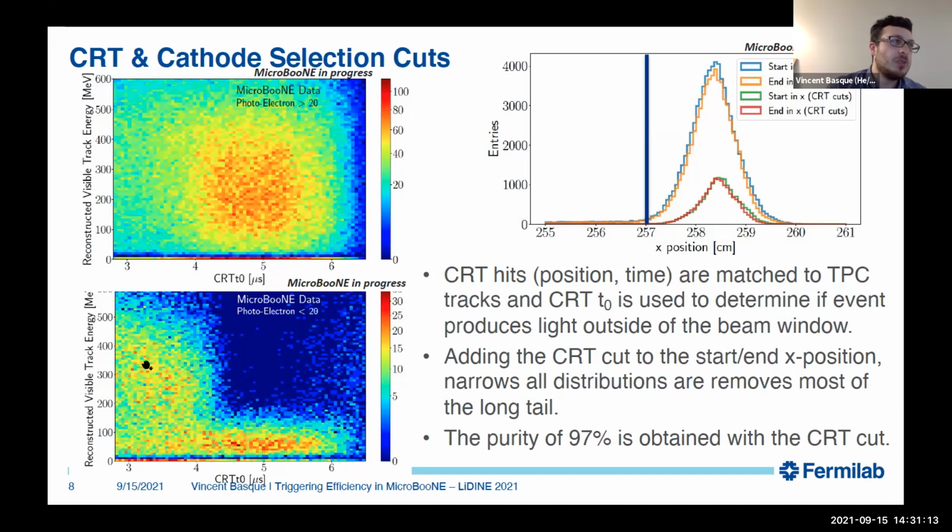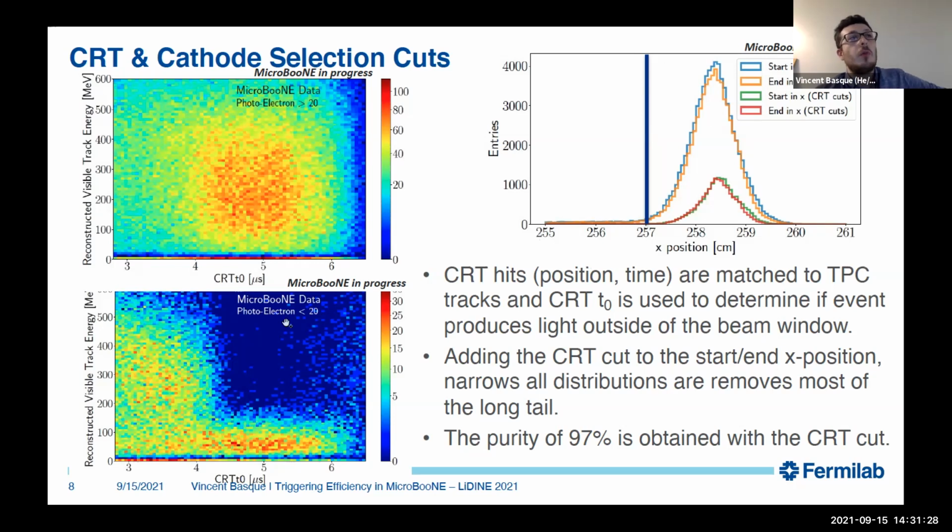The population just before means the track has like 400 MeV, and a track of 400 MeV not producing 20 PE is a bit ridiculous, especially in MicroBooNE. Therefore, we know that these events are producing light outside the trigger window.